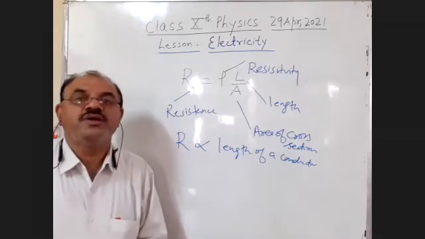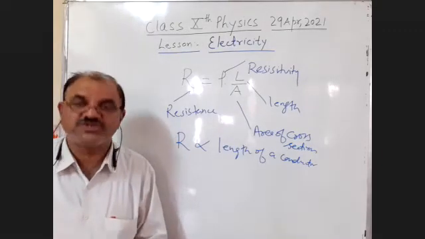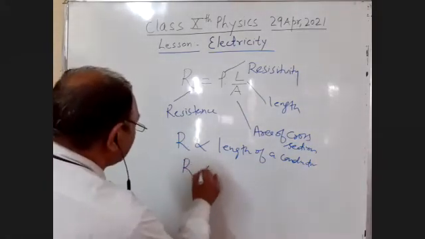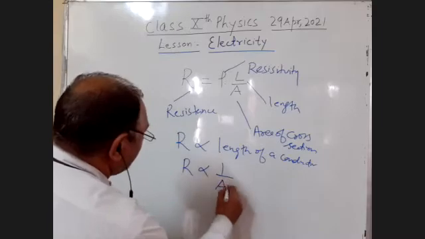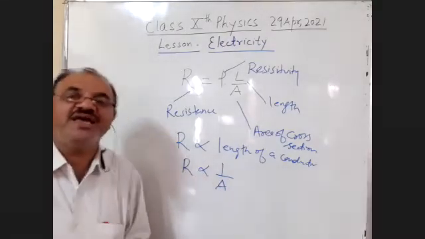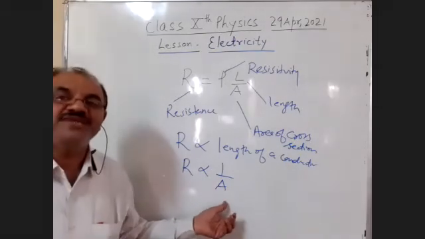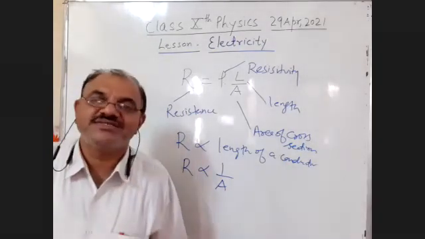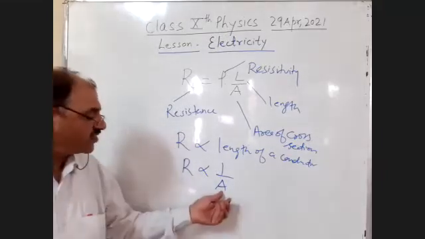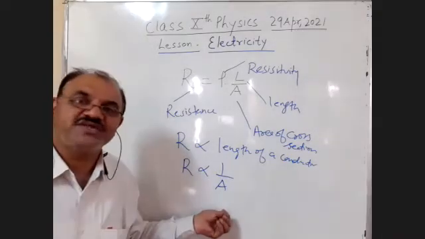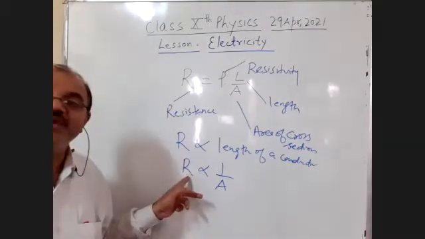Number two, the resistance is inversely proportional to the area of cross section. Take the example of a copper wire. If the area of cross section of that wire is less, the resistance will be more.